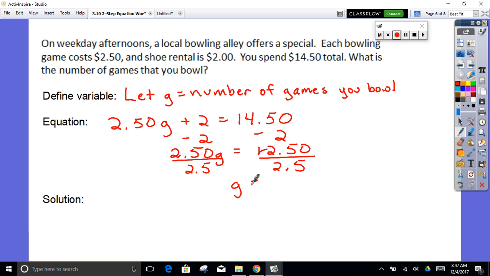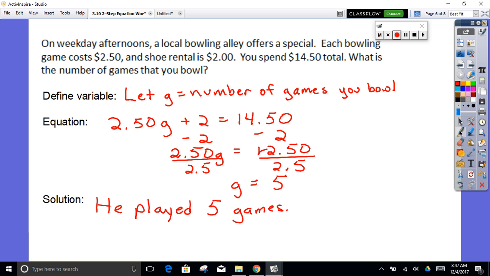And I got G equals 5. Good. Okay, can you put that in a sentence? He played 5 games. Good. He played 5 games.